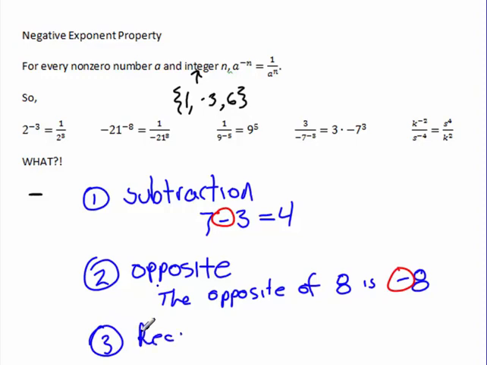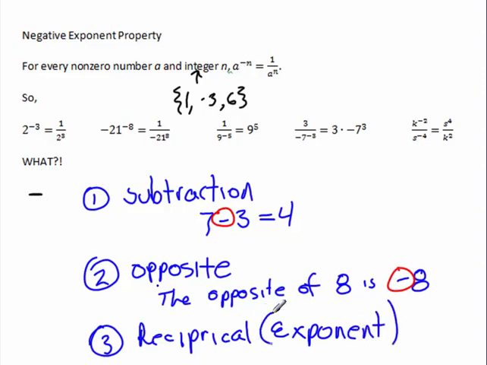Reciprocal. Okay, exponents. Put that in parentheses. Okay, that's not a statement, so we better put that. All right, and what that says is 2 to the -3rd says I want the reciprocal of 2. What's the reciprocal of 2?